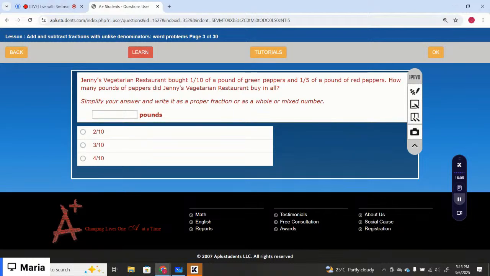A Chinese vegetarian restaurant bought 1/10 of a pound of green peppers and 1/5 of a pound of red peppers. How many pounds of peppers did the Chinese vegetarian restaurant buy in all?